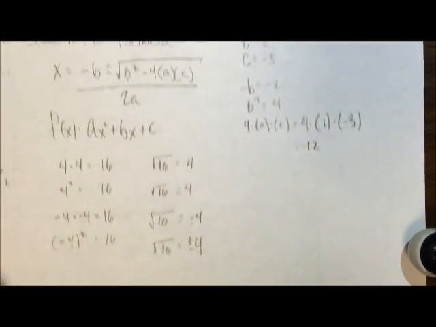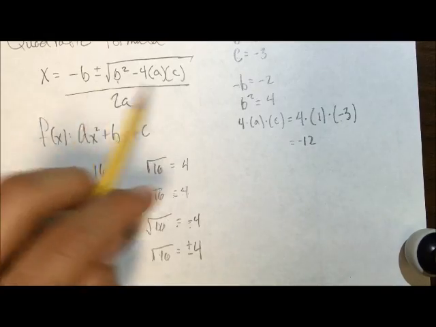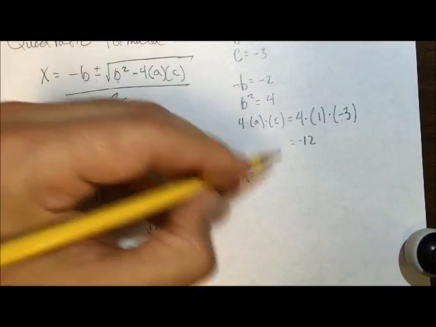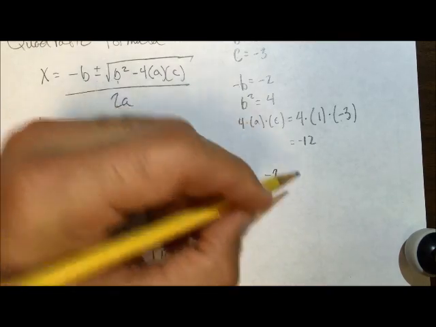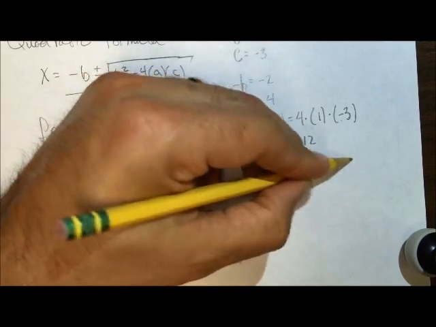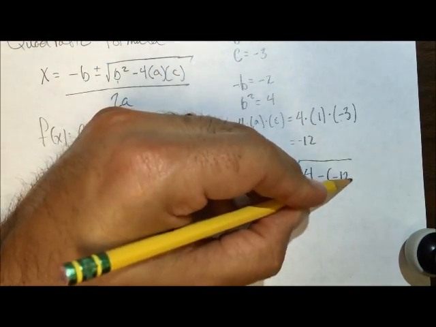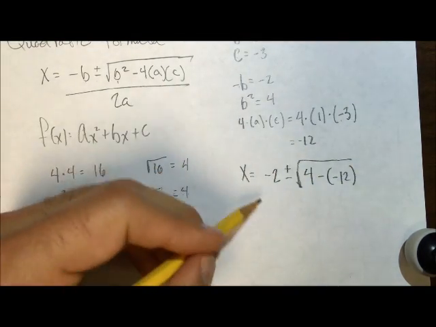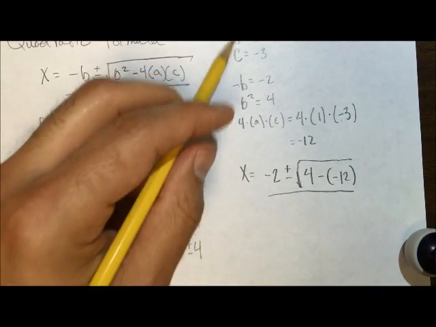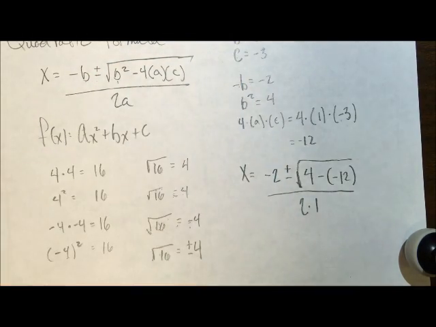Now, I can take this information and substitute these values into the quadratic formula. And I can say x equals negative b, which is negative 2, plus or minus the square root of b squared minus negative 12, all over 2 times a, and a was 1, so 2 times 1.